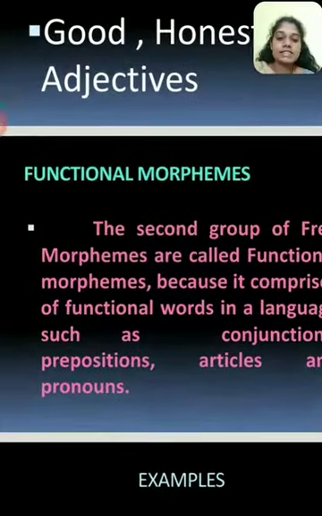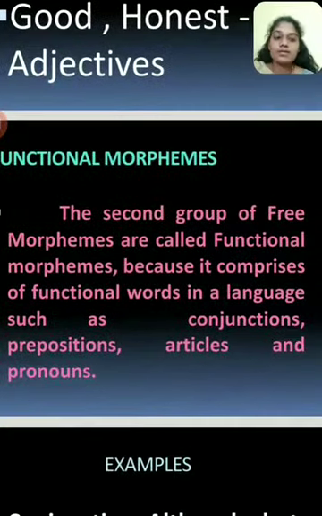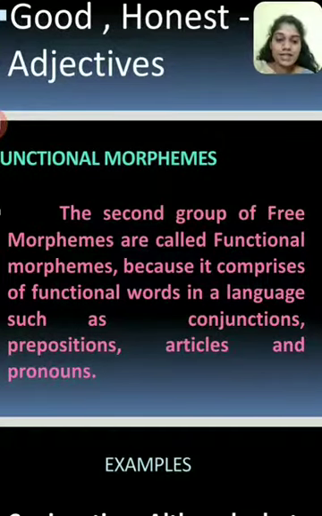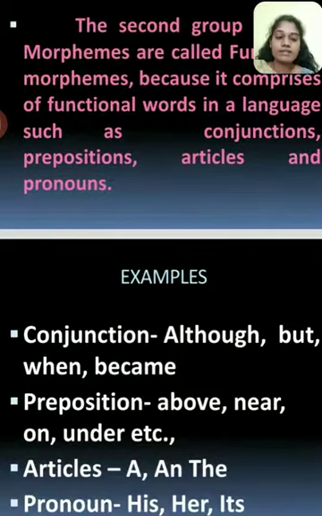Next one, this is the second type of free morpheme, that is functional morphemes. The second group of free morphemes includes conjunctions, prepositions, articles and pronouns. Conjunctions: and, but, when, became.